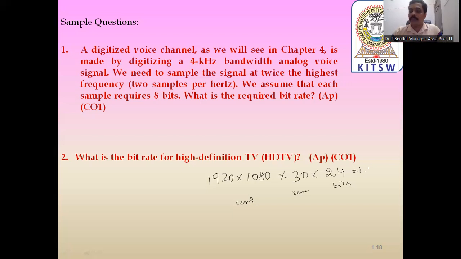So 1.5 gigabits per second is the bit rate of high definition TV. But channel providers compress it and reduce it to 20 to 40 Mbps. But the capacity is 1.5 Gbps.